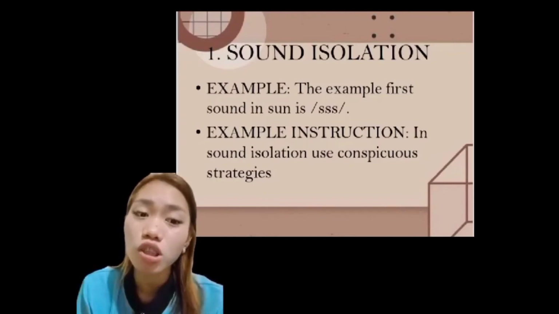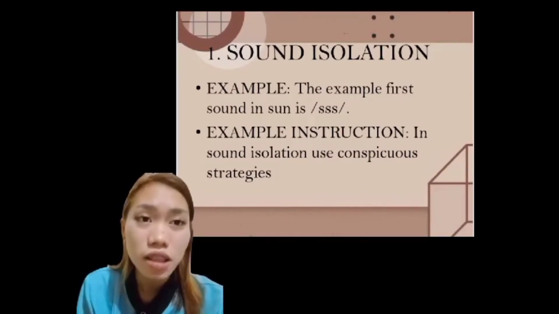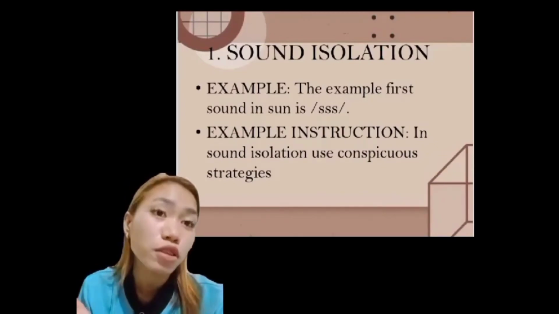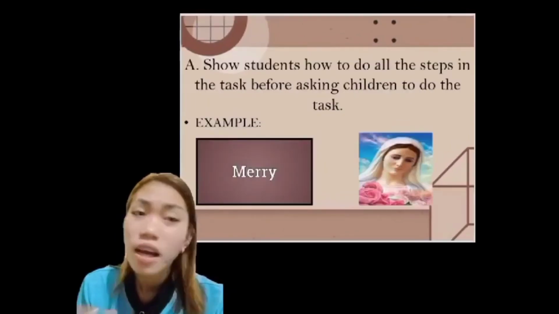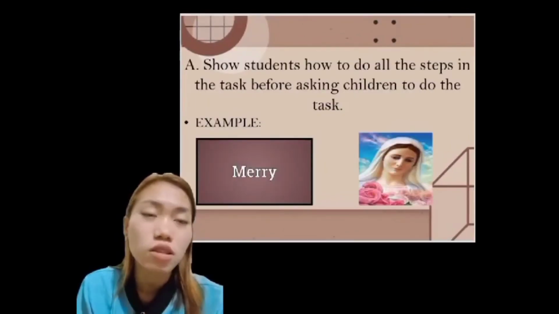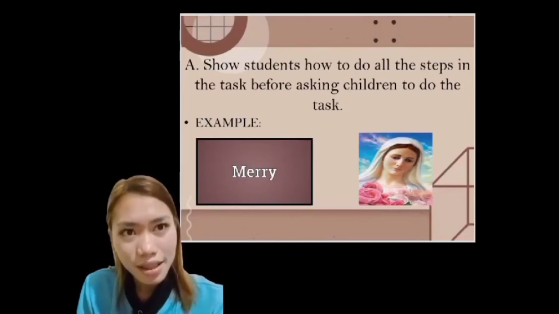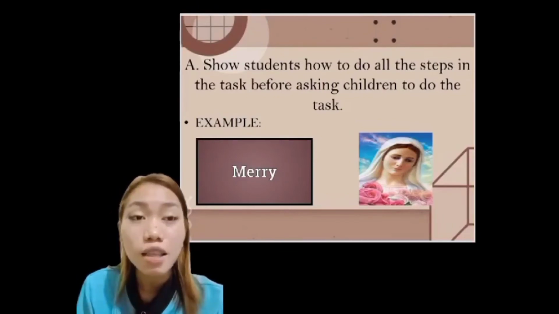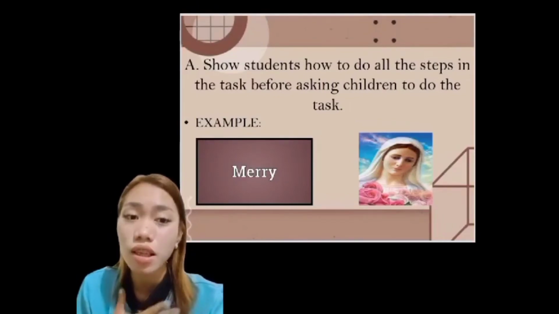An example of instruction in sound isolation is the use of conspicuous strategies. A. Show the students how to do all the steps in the task before asking children to do the task.